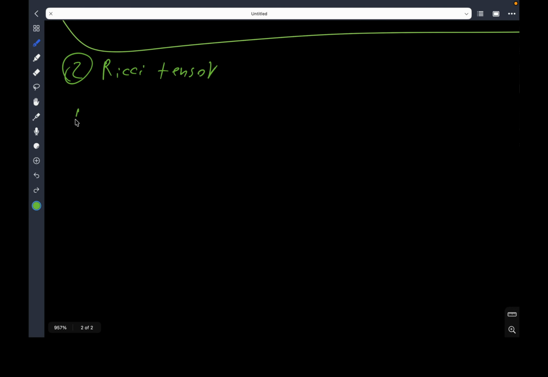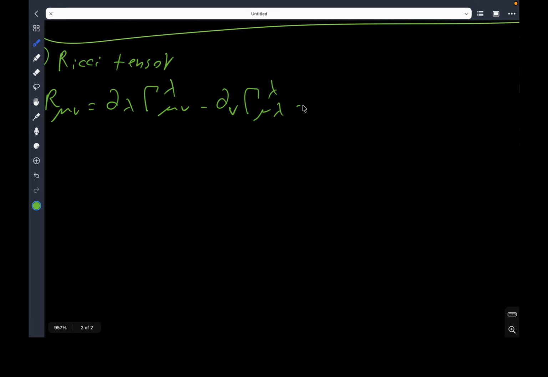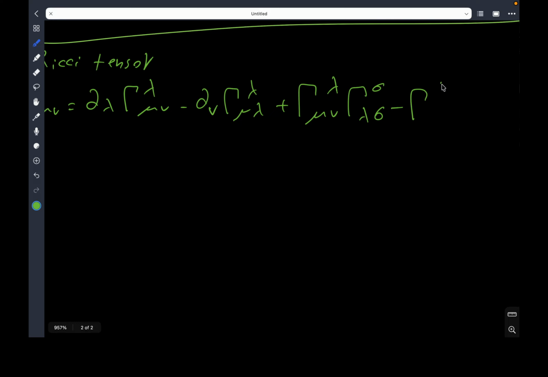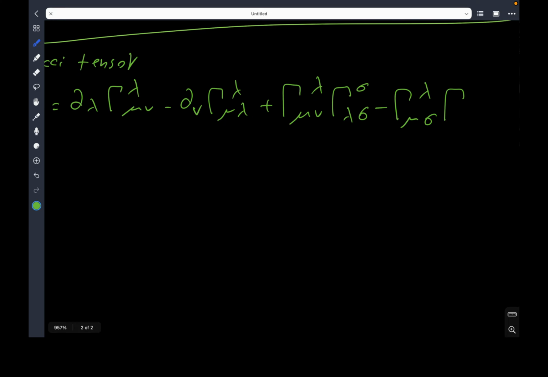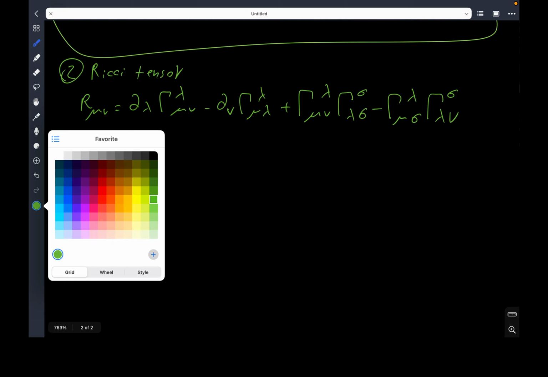So the Ricci tensor is a contraction of the Riemann tensor, which is defined as R_{mu nu} equals the partial derivative lambda of Gamma^lambda_{mu nu} minus the partial derivative nu of Gamma^lambda_{mu lambda}, plus the Christoffel symbol Gamma^lambda_{mu nu} Gamma^sigma_{lambda sigma} minus Gamma^lambda_{mu sigma} Gamma^sigma_{lambda nu}. So this is the definition of the Ricci tensor.